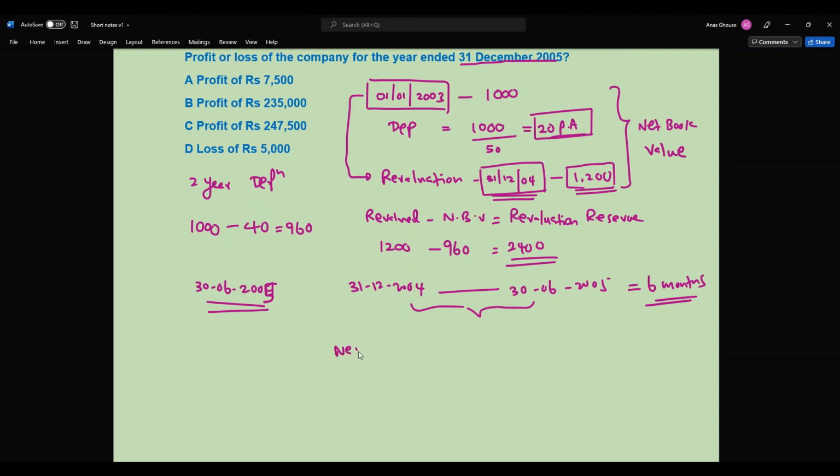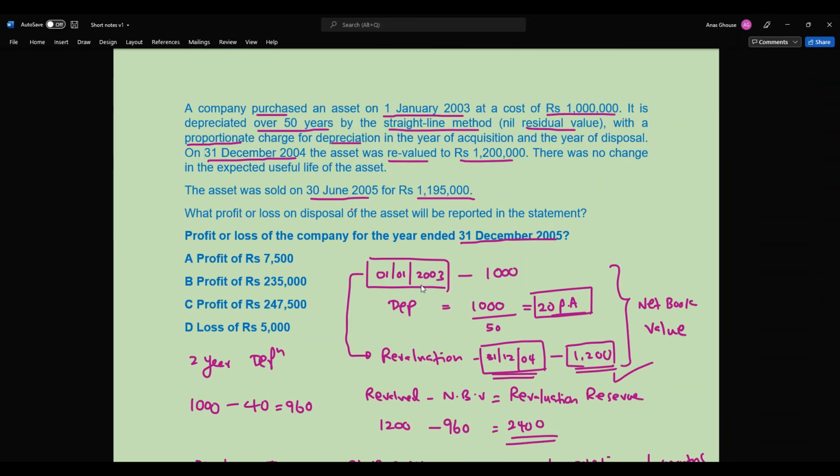So the new depreciation should be on the revalued amount of 1.2 million. Divided by how many years? The original useful life was 50 years. Now after 2 years, there was no change in the expected useful life.